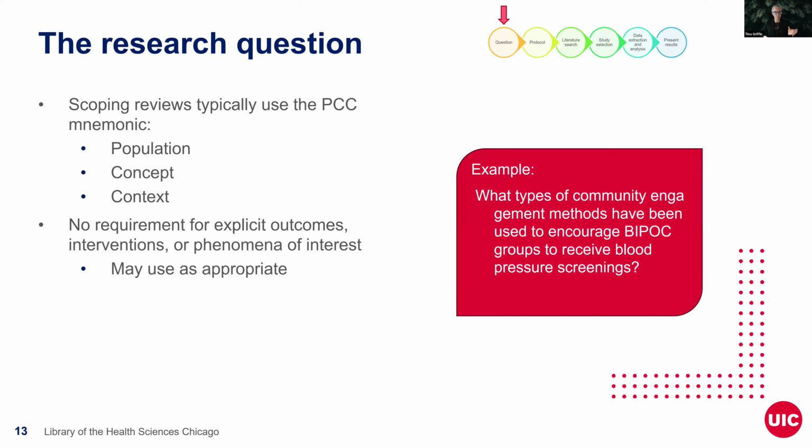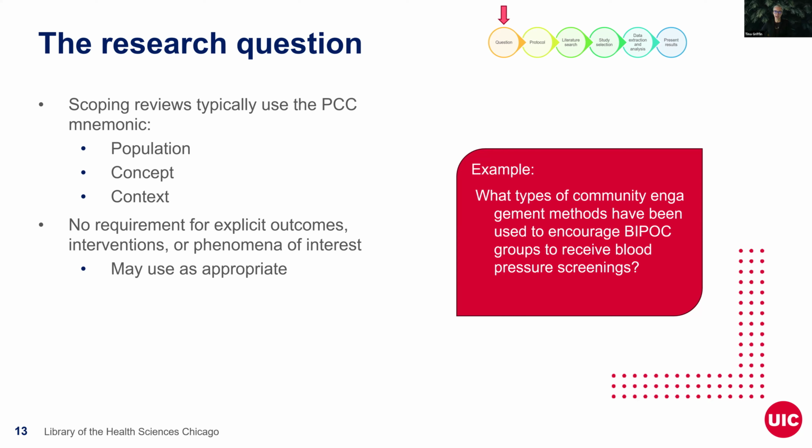We have a defined population, but methods of community engagement could be just about anything, right? We haven't defined that, and there's no specific outcome measure either. We're not talking about how we're going to measure that specifically, and there's no intervention either. So these are the types of questions that are really applicable toward a scoping review.